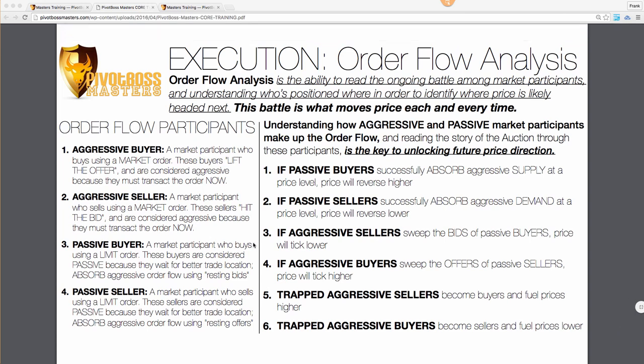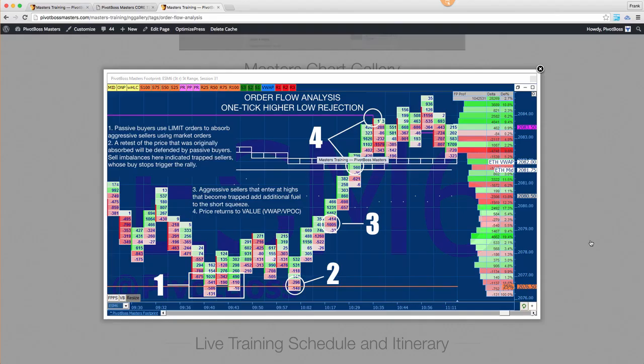So let's go ahead and take a look at some of the chart examples now. All right, we're going to start with this order flow example here from the ES, and this is the one tick higher low rejection. This one actually came from the current session's market because it was so pretty.